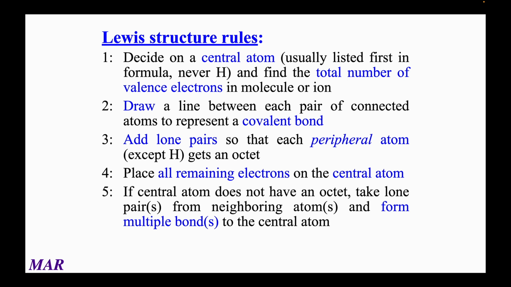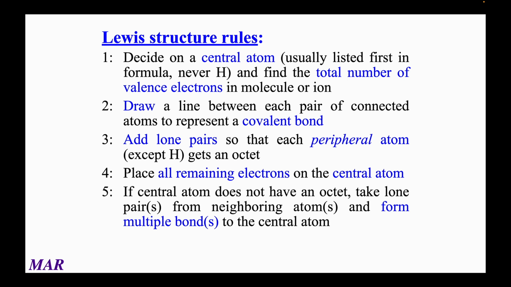Now in number 3, we didn't do this last time. You want to add lone pairs to the outside atoms first, so they get an octet, and then number 4, if you have any electrons left over, put them on the central atom. Now in our structure with NH3, it didn't have any electrons to put on the outside atoms because they were just hydrogen. Hydrogen just needs a single bond. So we skipped number 3 and went to number 4 and put that remaining lone pair on the nitrogen in the middle.